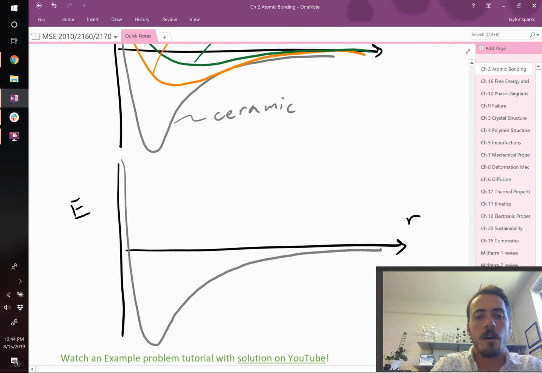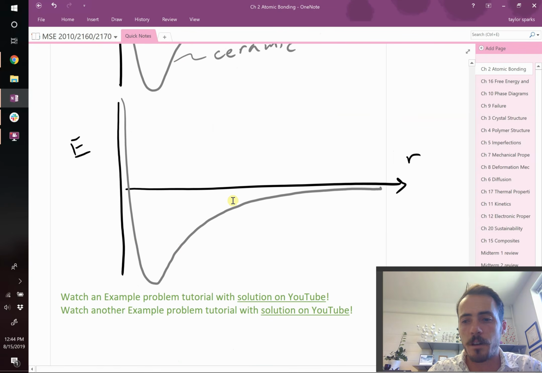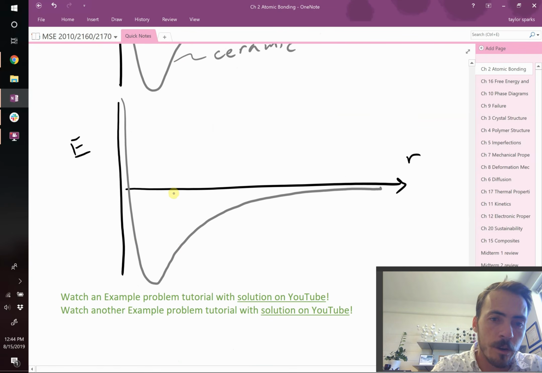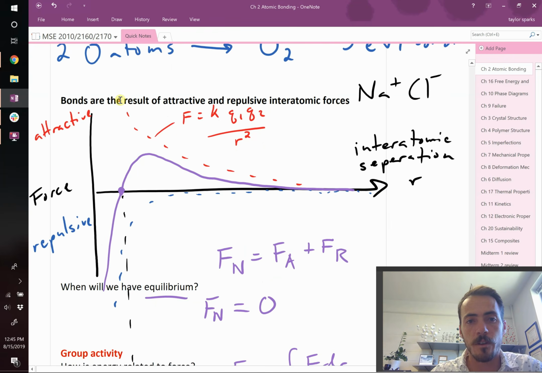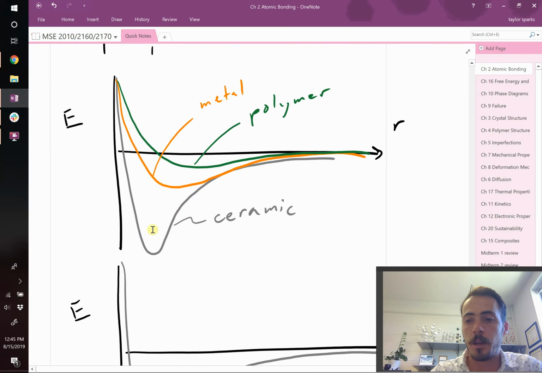Notice that this is an asymmetric potential well. It's not like it's a perfect U. A perfectly symmetric one would look like that, it would go up and come right down. Ours doesn't do that because the radial dependence of these two things is different. One goes as 1 over r squared and one is r to a higher power, like r to the 8th or 9th. So it's not symmetric, it's asymmetric.